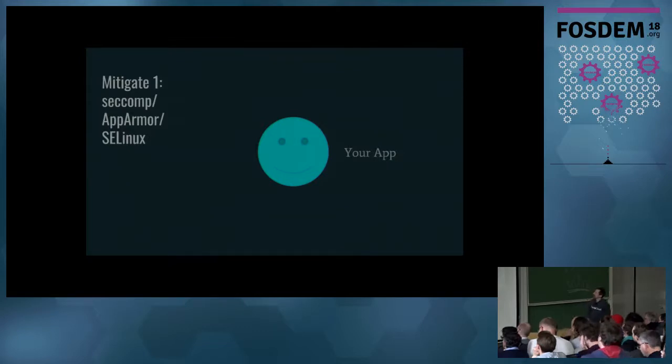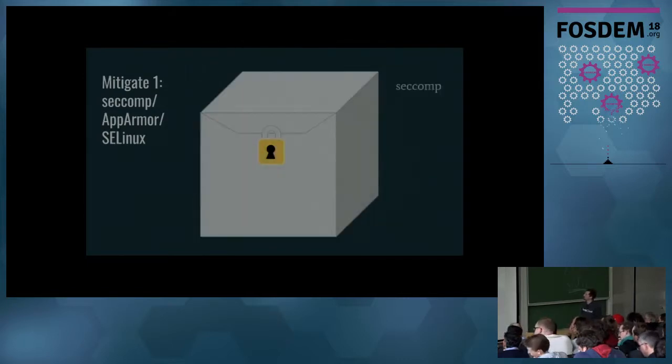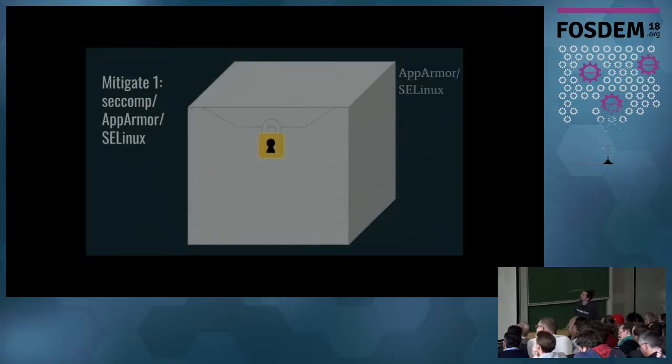So your app running just by itself is fine, but when you put it into a container, it's harder to break out of it, but it's a little bit porous in the sense that if there's a kernel exploit or some sort of problem within the kernel, that could potentially allow you to get out. And so after you've put your application into a container, or you've caged it up, you put it in a lockbox, and then you put it in another lockbox.